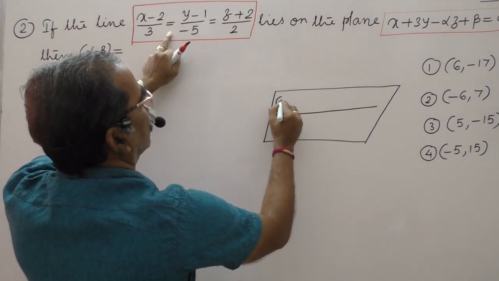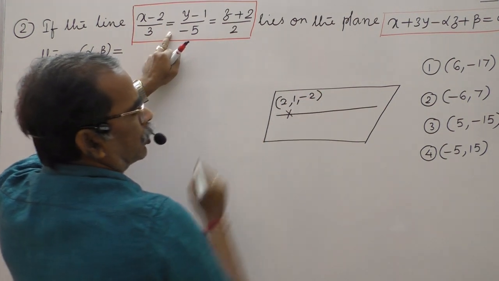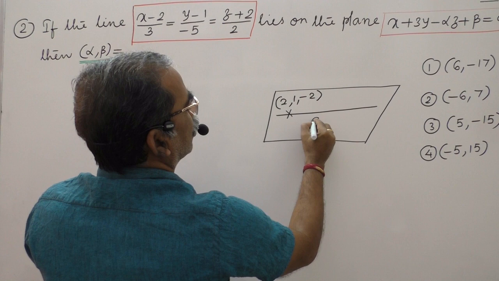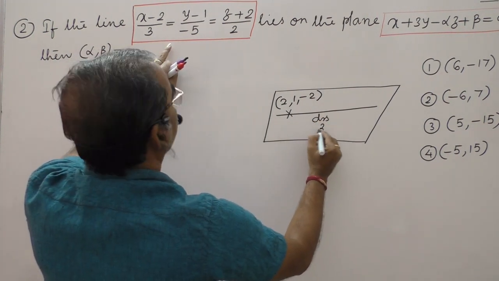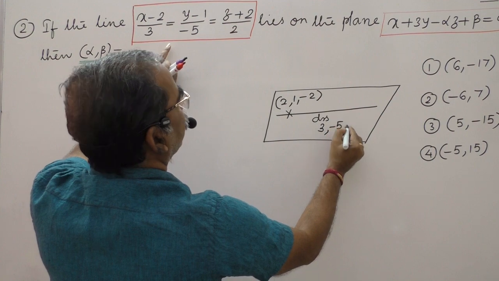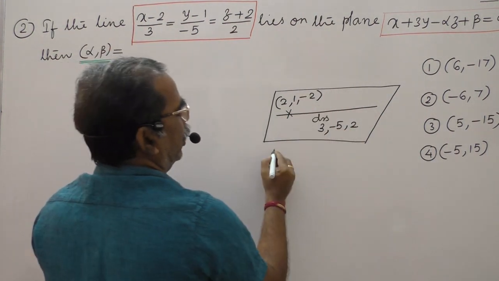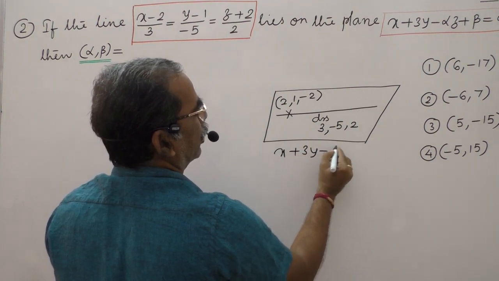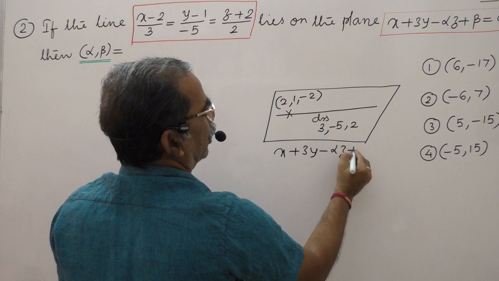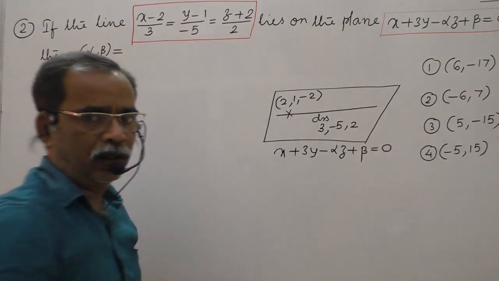Therefore, a point on the line is 2, 1, minus 2, and the drs of this line are 3, minus 5, 2. The equation of the plane is given: x plus 3y minus alpha z plus beta equal to 0.